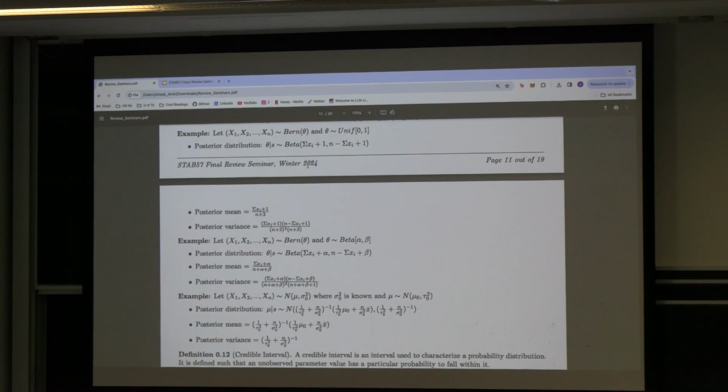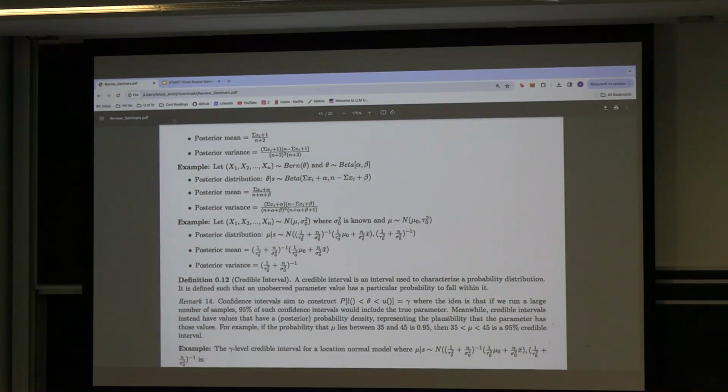I'm not going to go into how you actually get these numbers because it is on the slides. I can't remember which slide it is, but in week 10, the professor goes through it. From that distribution, you can get the posterior mean as well as the variance. The mean, if I'm not mistaken, is alpha divided by alpha plus beta.